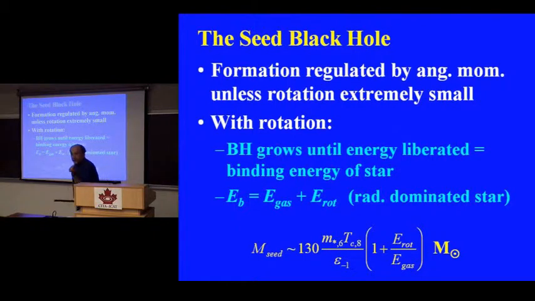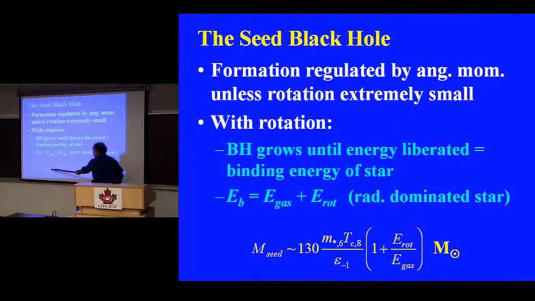Now, the binding energy of the star is very small because the star is radiation pressure supported. So the binding energy of the radiation doesn't contribute; it's exactly canceled by the potential energy. So the residual energy, if you forget about the relativistic effects, which would destabilize the star, is just the residual gas energy plus the rotational kinetic energy.